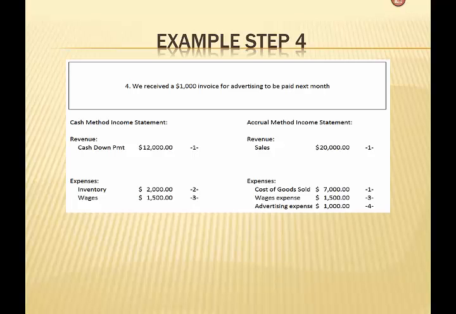So from a cash perspective, we haven't spent anything. We're not going to spend it until next month. So we don't recognize any cash exchange at all. From an accrual method, though, we've received that bill. We have to recognize that expense, even though we're going to pay it later. That actually is an accounts payable that we're going to set up where we will pay it later. But the advertising expense, we have to recognize it now.